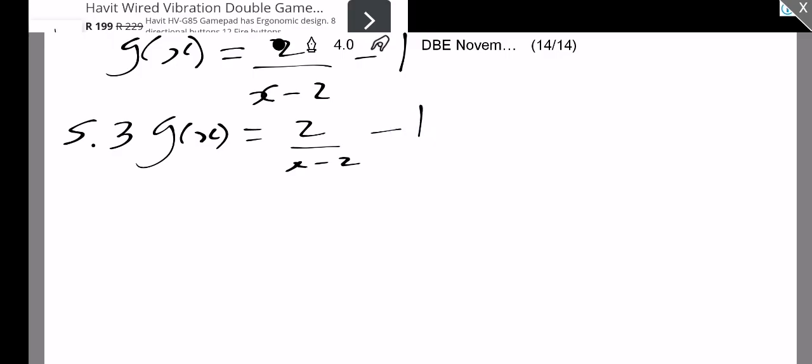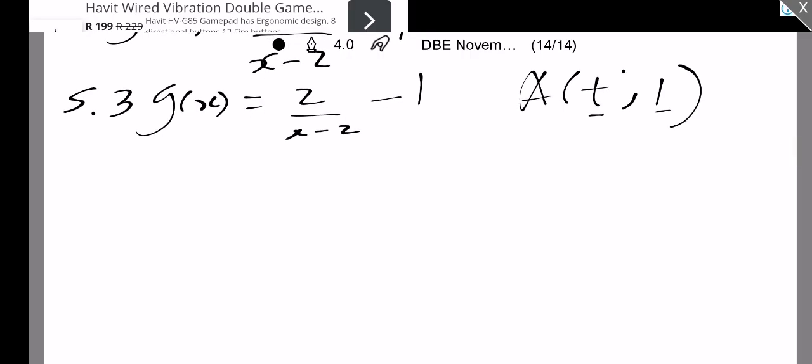Now we are given the y value. Remember, A is (t, 1). We have the y value, we want the x value. We don't have the x coordinate there. So we're going to substitute in the value of y. 1 equals 2 over x minus 2 minus 1. Then simplify.